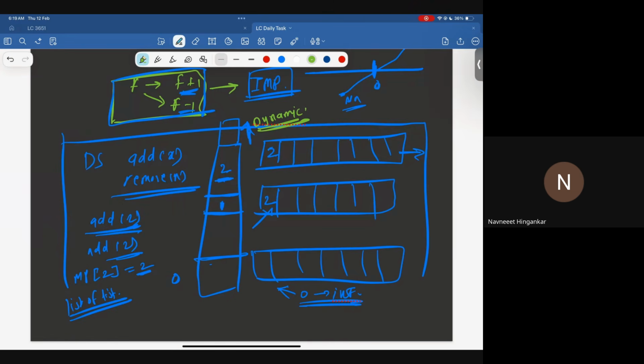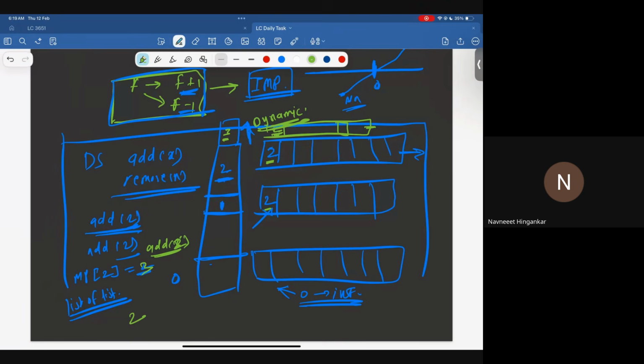And let's say I added another 2, the frequency of 2 becomes 3, and in this list I will add another 2, but I will not delete from here. Why? Because I don't need to delete, right? Now if I ask you what's the maximum frequency, you could just check this list, which is 3. But what's the element that is giving the 3? You could just take the last element from this list, which is 2.